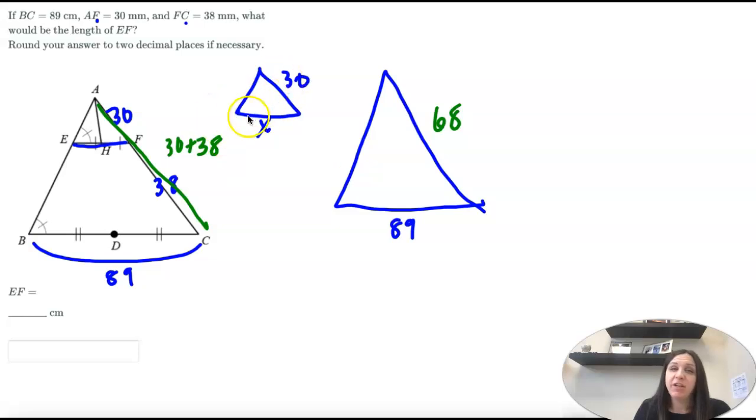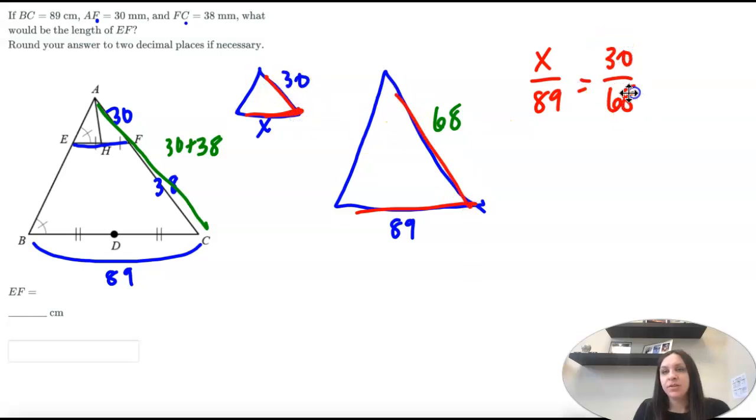So now we just have a ratio, x to 89, those sides go together, equals 30 to 68. So our ratio is all set up, now we just cross multiply. So 68 times x equals 30 times 89.